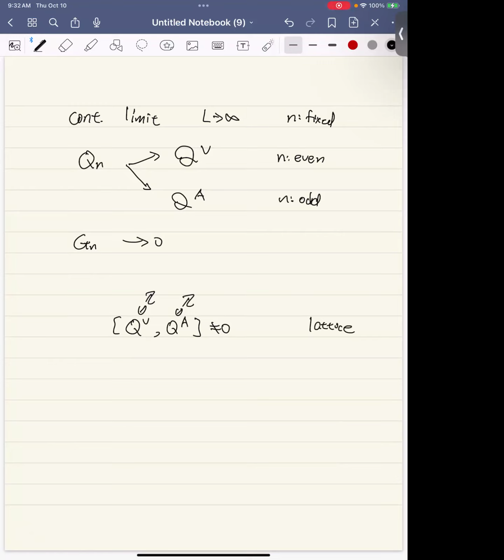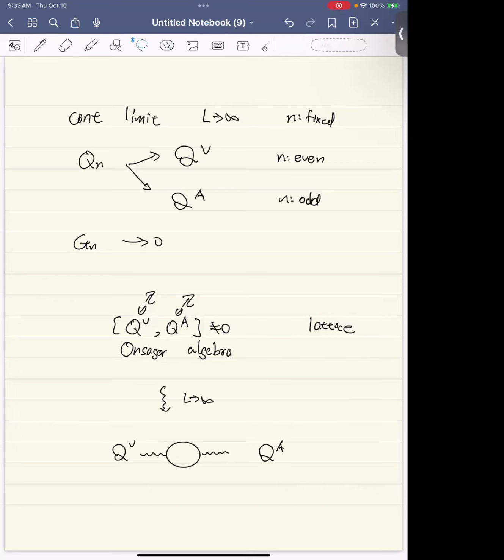But the only price we pay is that the vector and the axial charge don't commute. Furthermore, they form the Onsager algebra. As you take the continuum limit, they become the vector symmetry and the axial symmetry with a Schwinger anomaly.